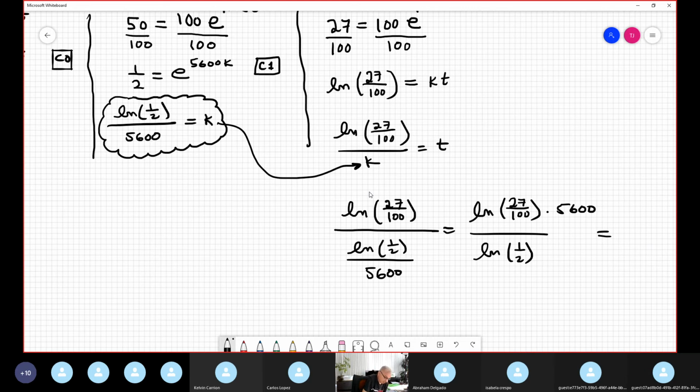I store in the memory partial answer. Natural logarithm of 1/2 divided by 5600. Okay, I compute that. I store in memory. That's it.